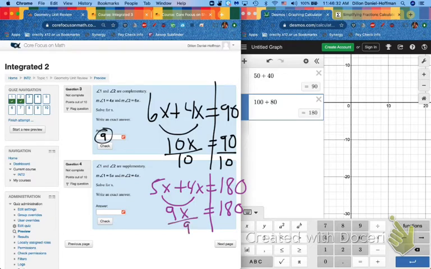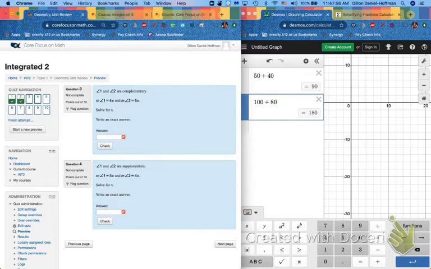But when I divide 180 by 9, I don't get 9 or 10. I get 20. So you add like terms on the first one, set it equal to 90. You add like terms on the second one, set them equal to 180. I'm closing this in 3, 2, 1. Closing it.